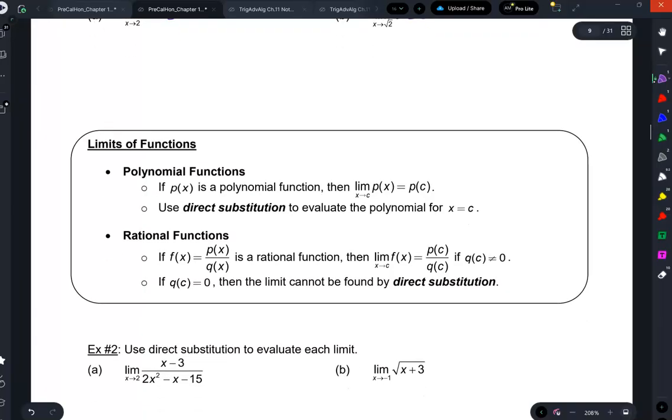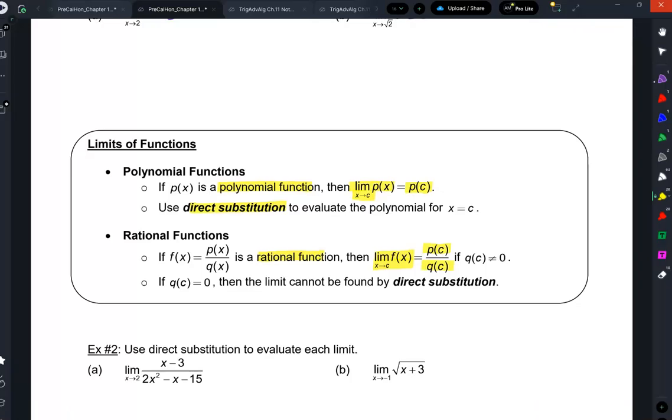So if you want to find the limit of a polynomial function at x equals c, you just do direct substitution and it's p of c. You just use direct substitution. For rational functions, it's the same thing again, p of c over q of c.